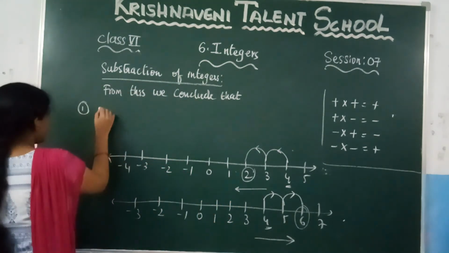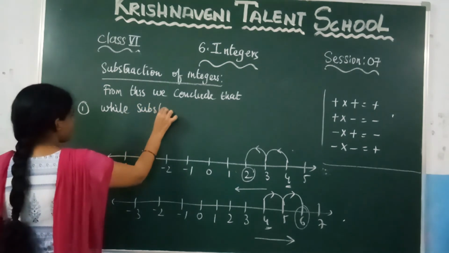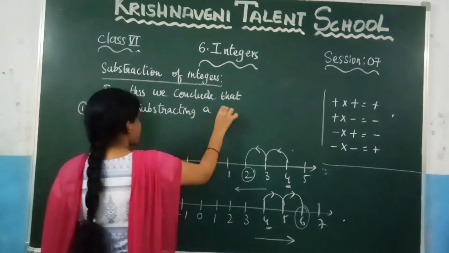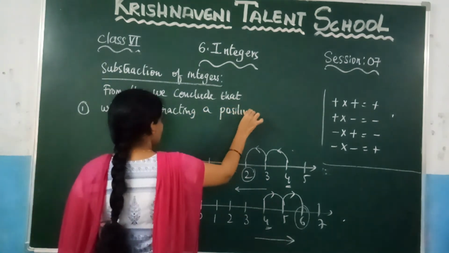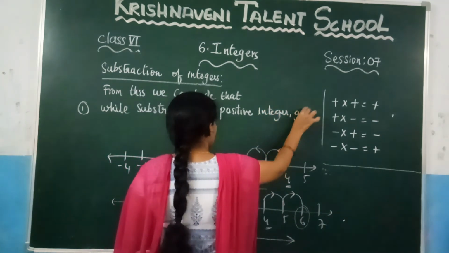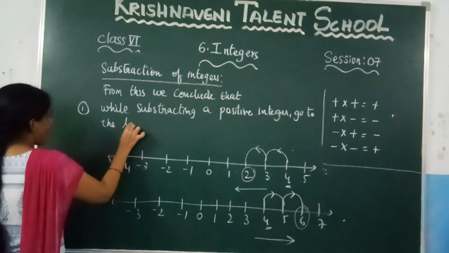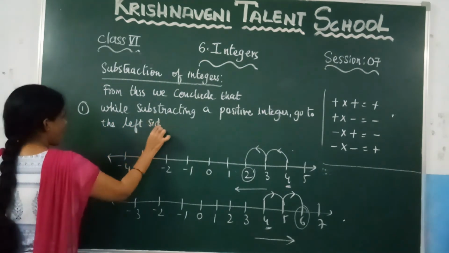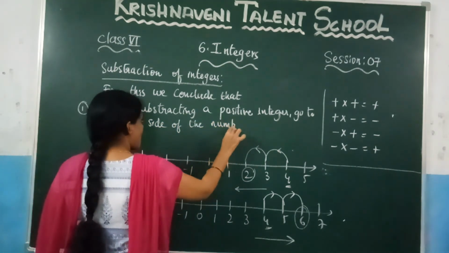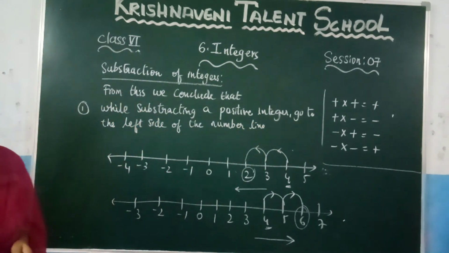So write it here: while subtracting a positive integer, go to the left side of the number line. This is the first example that I have explained.